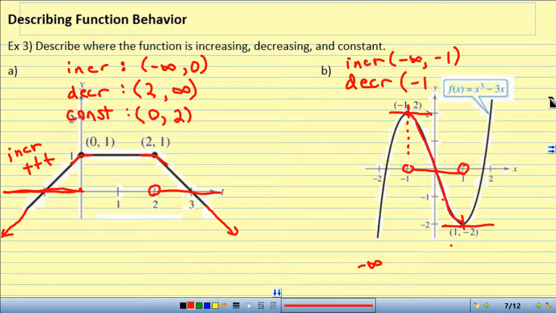That's where it's decreasing. Now, it is constant at x equals -1 and x equals 1. So got my graph right there. Oh, by the way, I didn't put this increasing part.